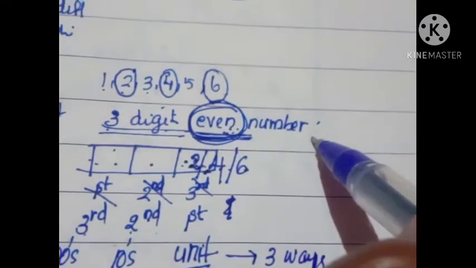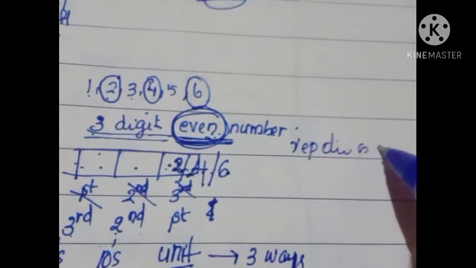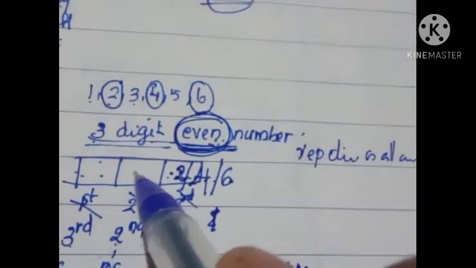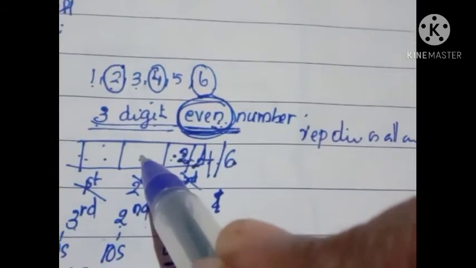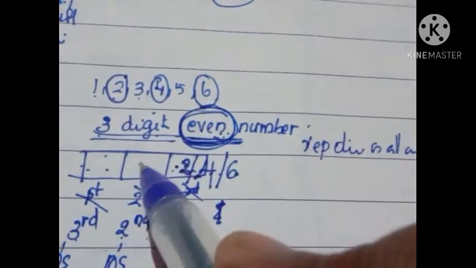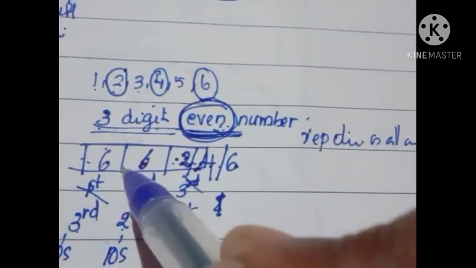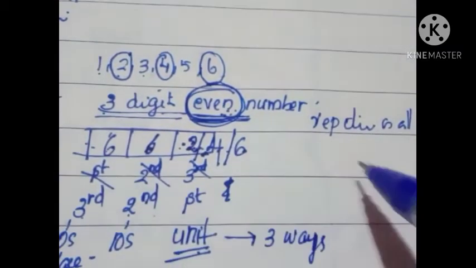Now listen, in this case repetition is allowed. So what is the number of chances to occupy the second place? We can use any number here. So the second place can be filled in 6 ways. The third place can be filled in 6 ways.